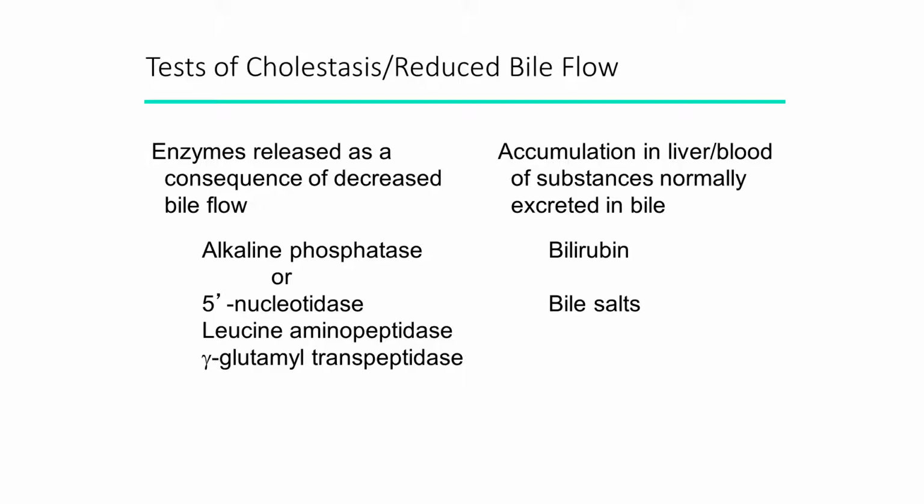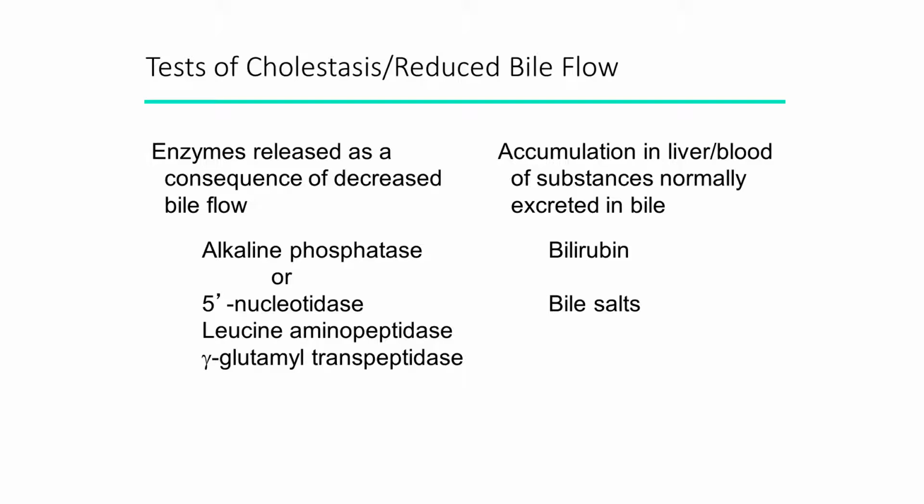But since the bile acids are retained, there's reduction in bile flow. These bile acids solubilize the alkaline phosphatase from the hepatocyte plasma membrane, and they also stimulate the synthesis of your alkaline phosphatase. So various other hepatocyte plasma membrane enzymes are also simultaneously released, together with your alkaline phosphatase.